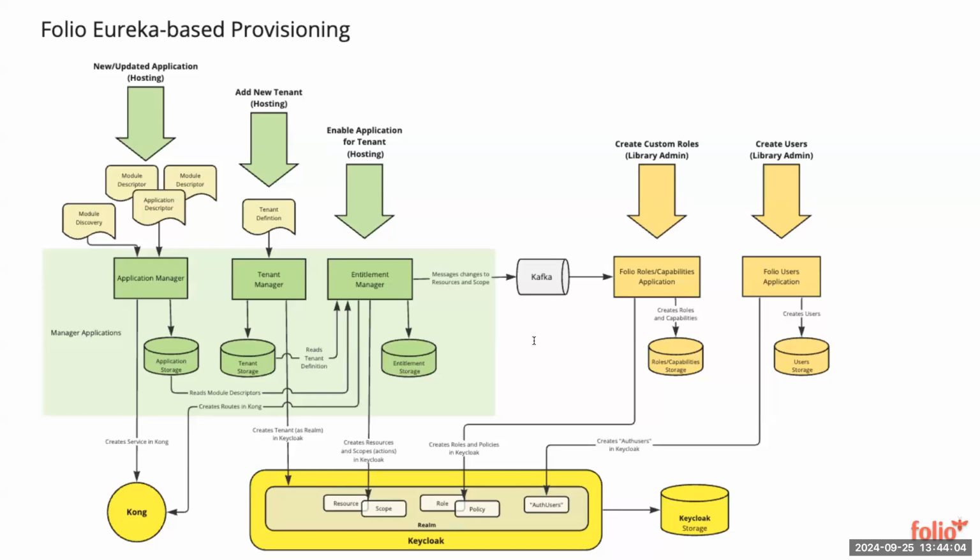So I can take the first part of it. Auth users are essentially a user record in Keycloak. I'll cover this in a lot more detail in the session immediately after this one. But we call them auth users to keep them distinct from users in FOLIO so that you don't get them confused. We are still using mod-users, and all personal data information is still stored in mod-users.